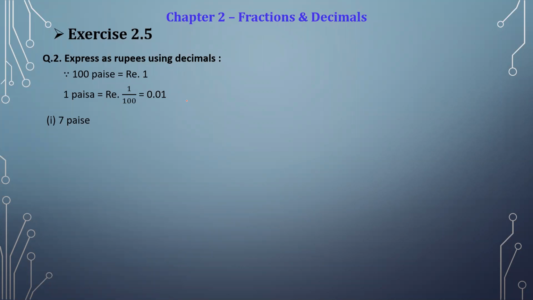Here we have to convert 7 paise into rupees by using the conversion given above. First of all, you have to put the value of paisa. We have calculated the value of 1 paisa, which is Re 1 upon 100 or Re 0.01.